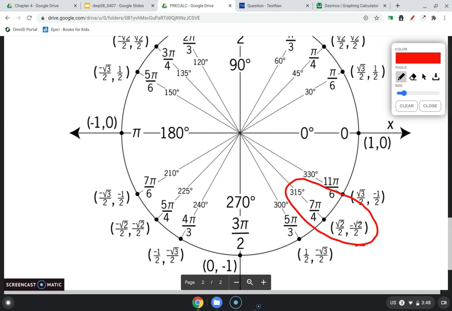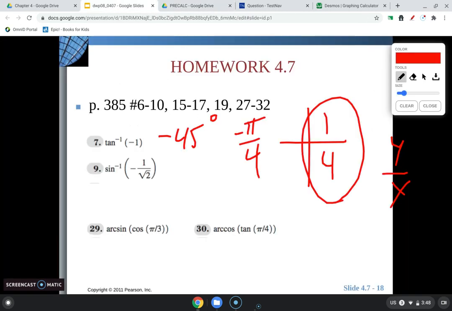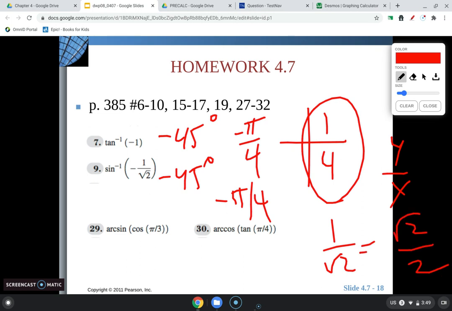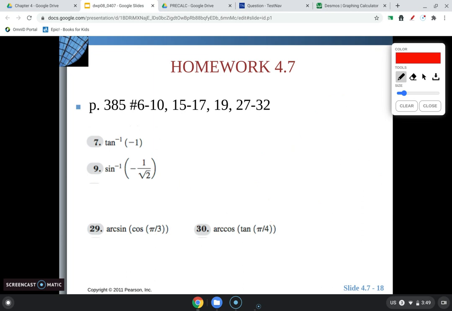So once again, we want to write it between negative 90 and 0. That would be the same as the answer up here, negative 45 degrees or negative pi over 4. Okay. 1 over root 2 is the same thing as root 2 over 2, and I've talked about that before. Okay, let's try these ones.